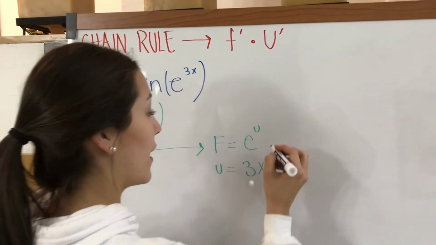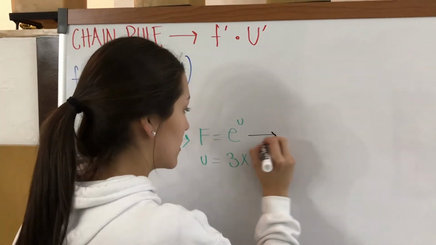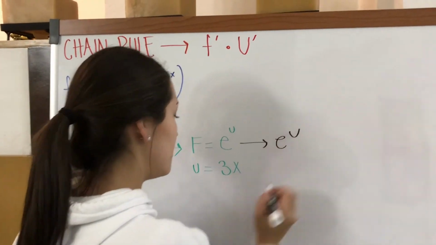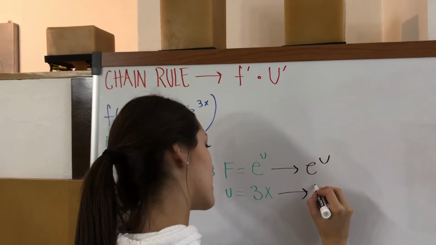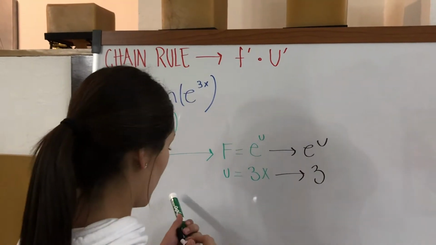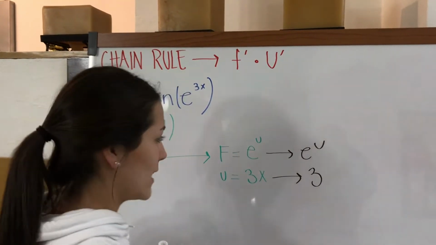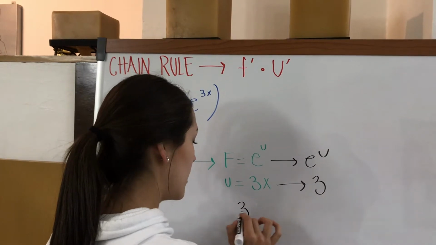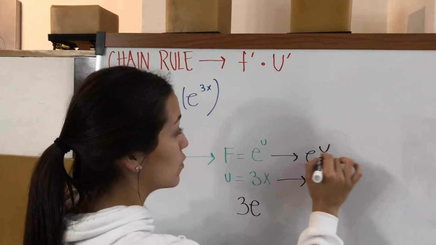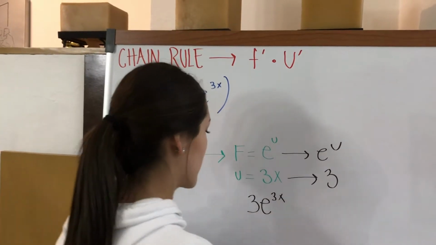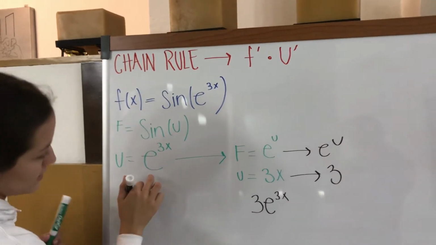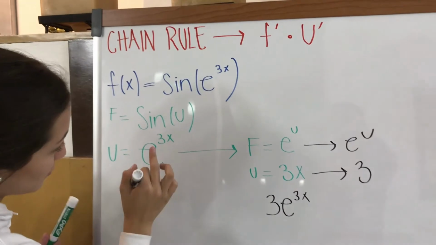Now we have to get the derivative of each one. The derivative of f is e to the u, and the derivative of 3x is 3. So you will get 3e to the u, then you need to put the original u, and this will be the derivative of all this term.